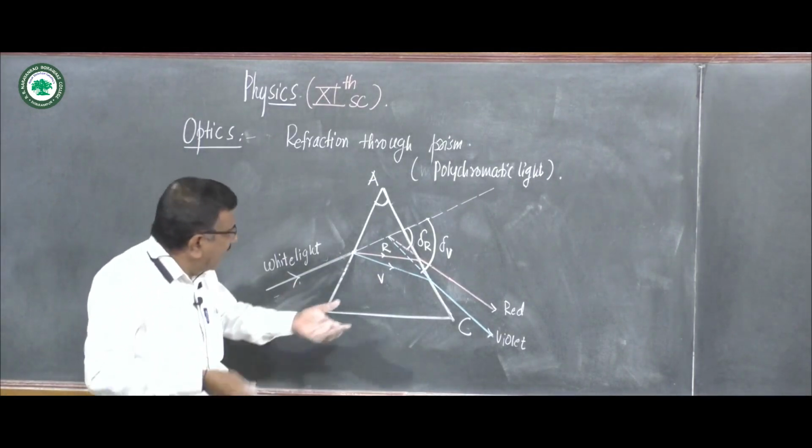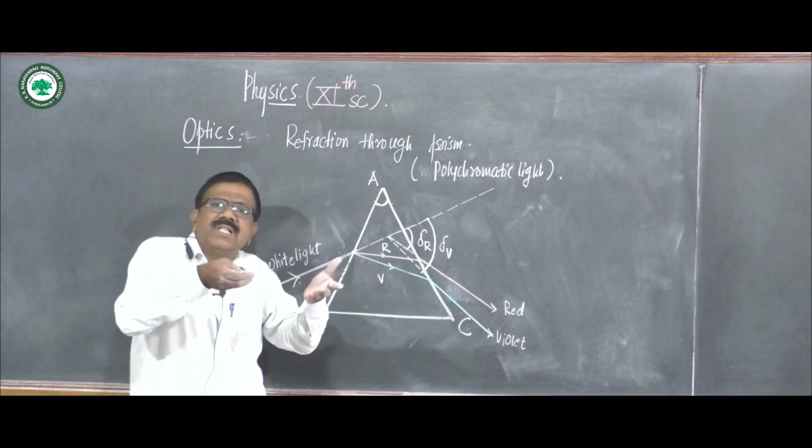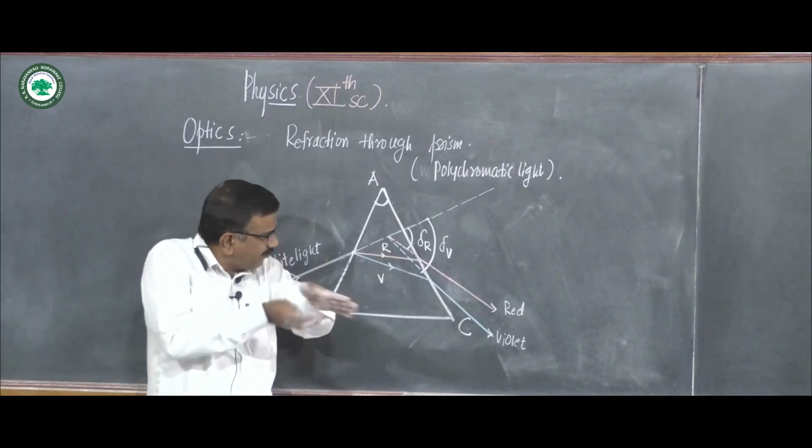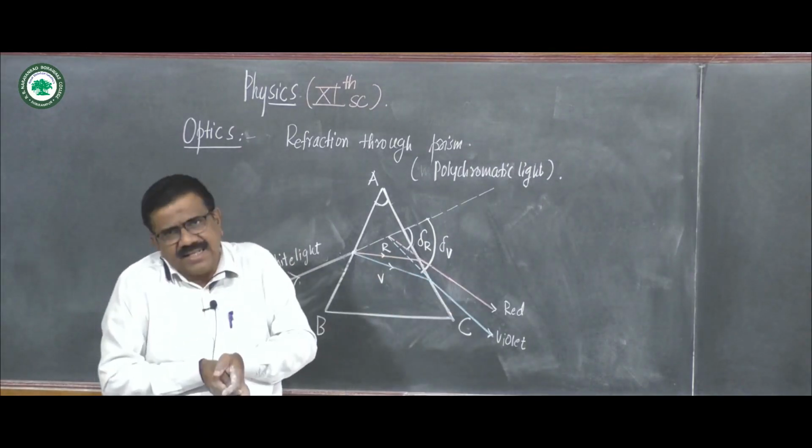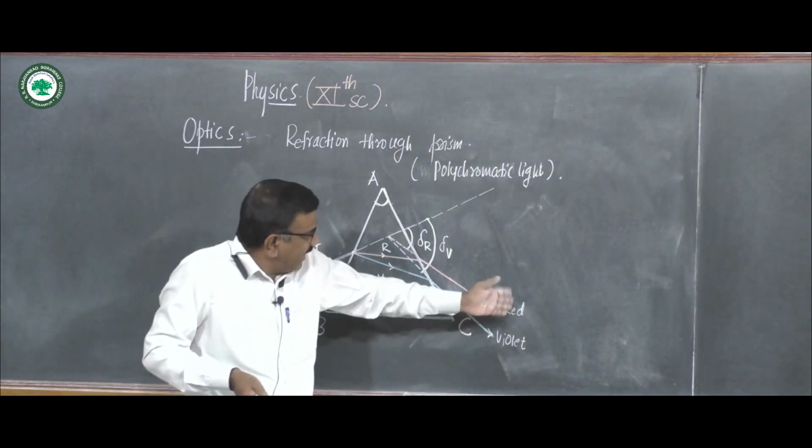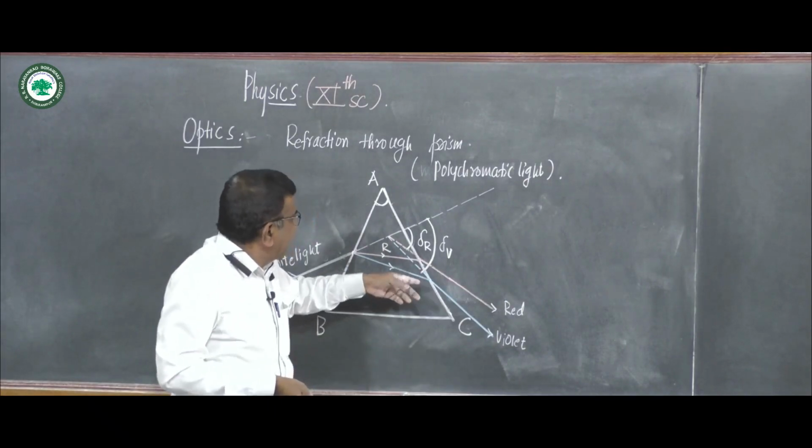The separation of light into its constituent colors, we know the dispersion, and after emerging from the prism again we get the 7 colors. Violet and red are the extreme colors.